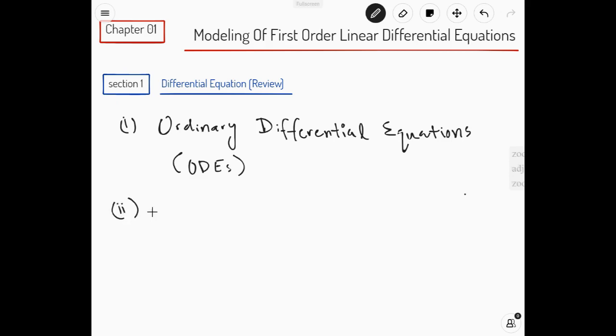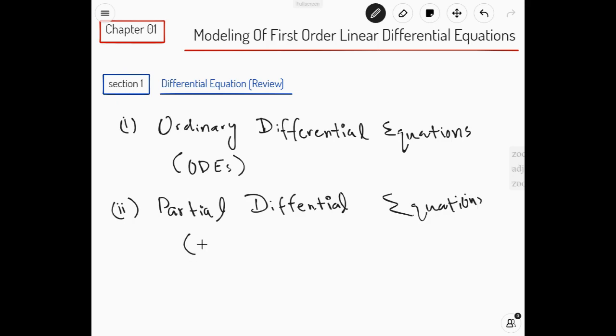And the second one is partial differential equations. In short form we write them as PDEs.